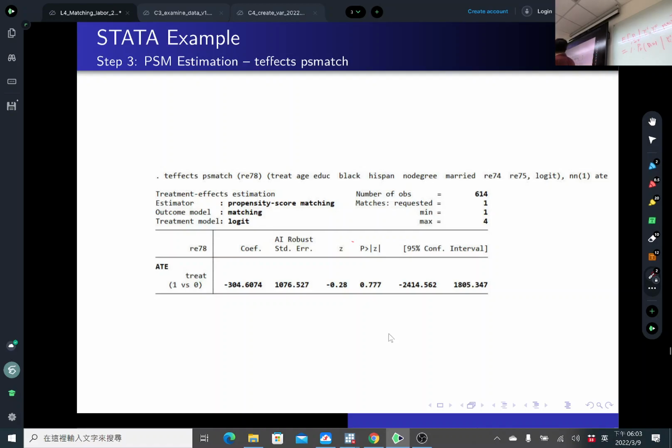And if you want to know the effect for whole sample, it will give you ATE. And the result is if everyone in the whole sample gets a job training program, their earning will reduce 300. But it's not significant. So the standard error is AI robust.